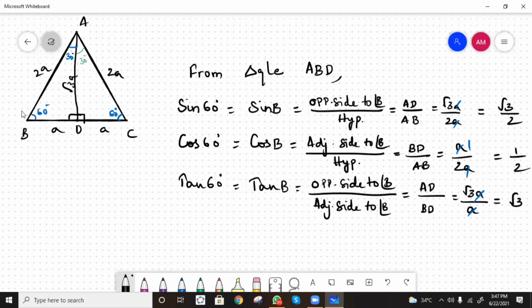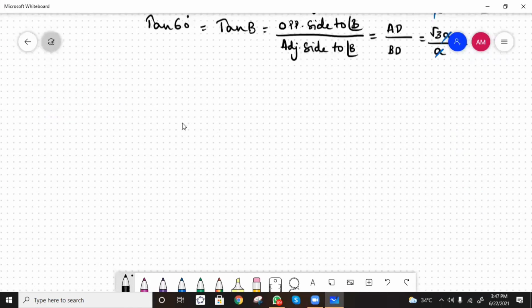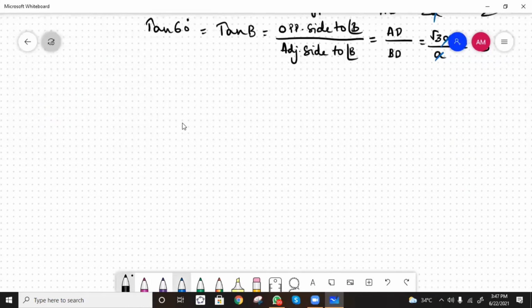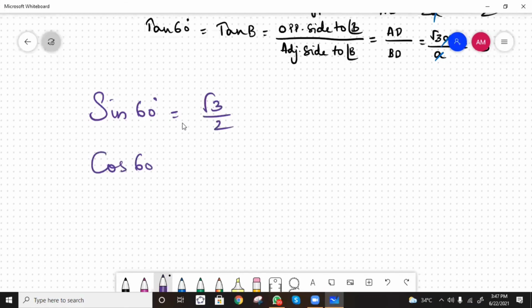That's all. So sine 60 degrees is equal to root 3 by 2. Cos 60 degrees is equal to 1 by 2. And we got tan 60 degrees is equal to root 3.